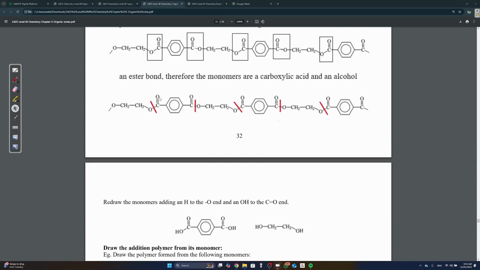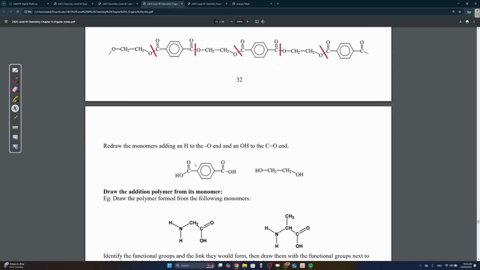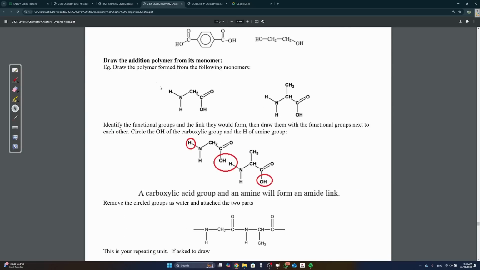You have now a C double bond O, a C double bond O, okay? Redraw the monomers, adding an H to the O end and an OH to the C double bond O end, always, okay? So this one also you can't forget now. Okay, you took this monomer out, but you can't forget this one as well, okay? If it's an O, you just add a hydrogen. If it's a C, you have to add OH, okay? Just like that. Okay, draw the addition polymer from its monomer, whatever.